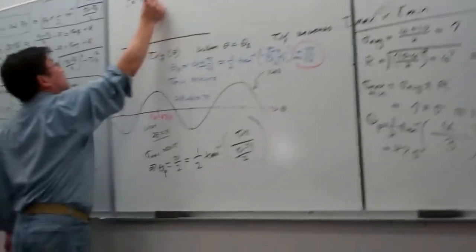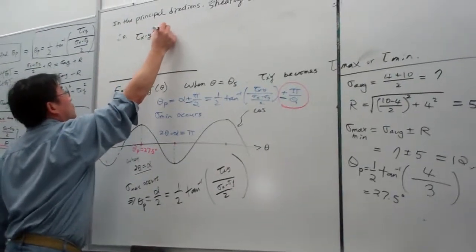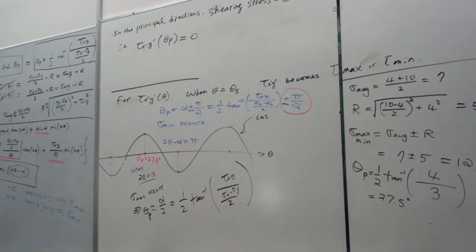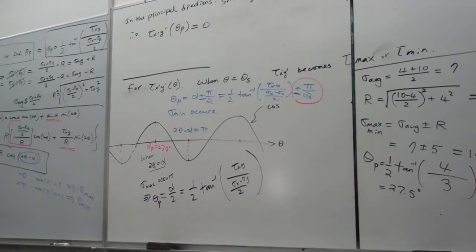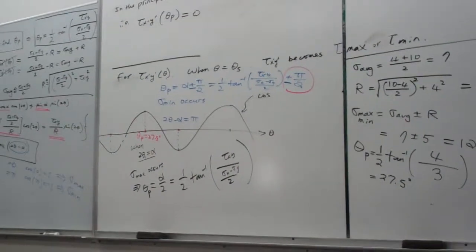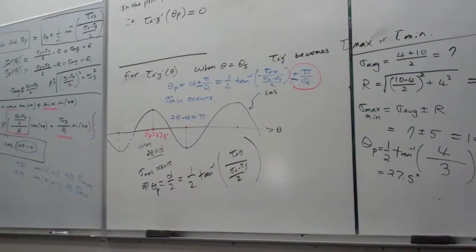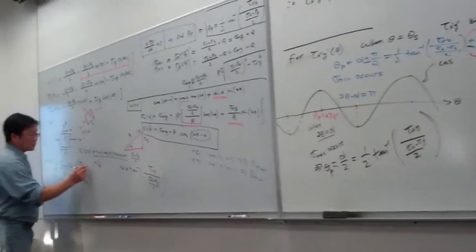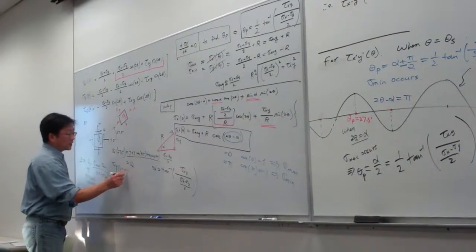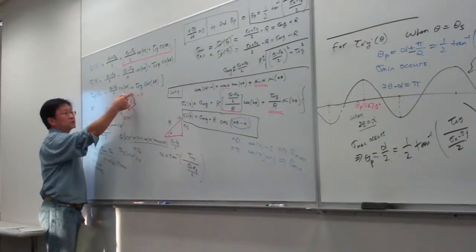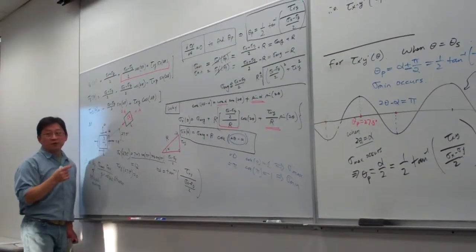That means tau x prime y prime, when you plug in theta p, will always be equal to 0. It's not by coincidence, it's the truth. So for this case, if we plug in here, then tau x prime y prime, you can give it a try, will be equal to 0. So in these principal orientations the shear stress is equal to 0, and we don't draw it.